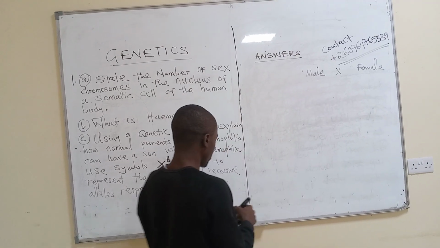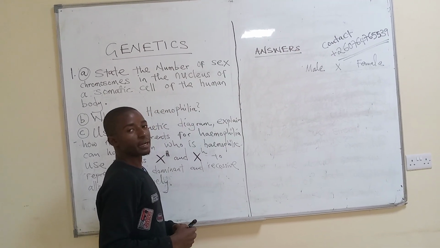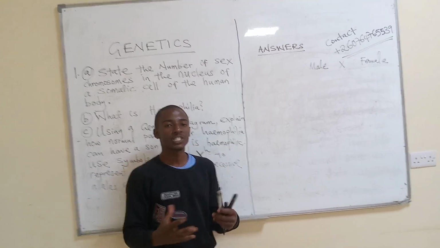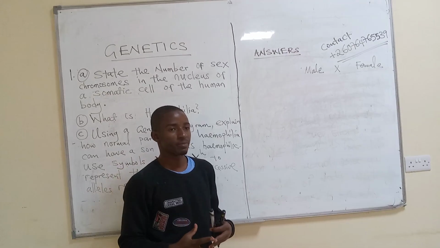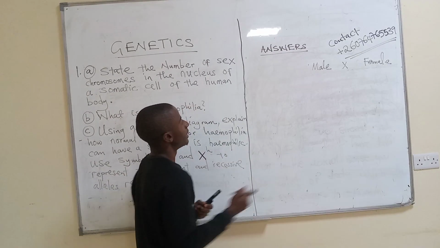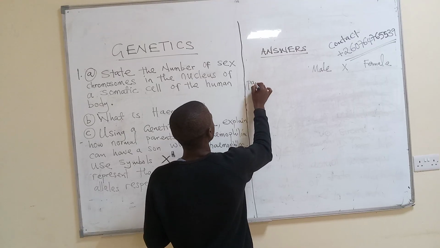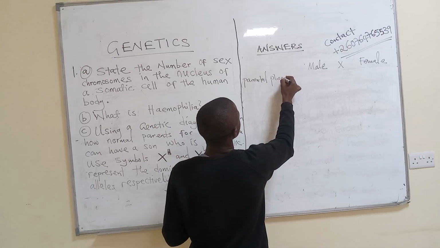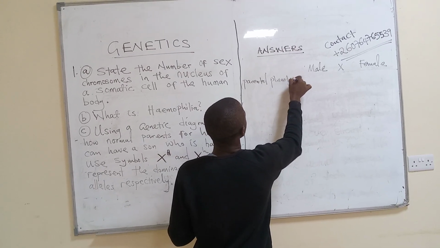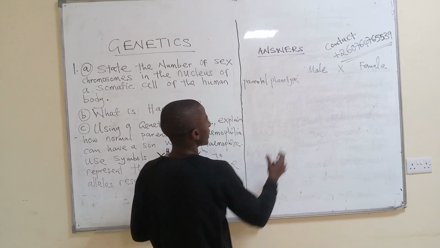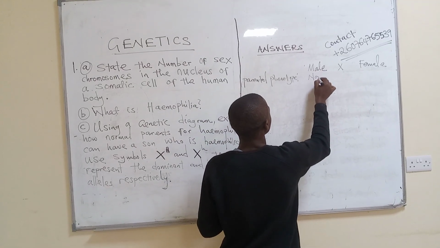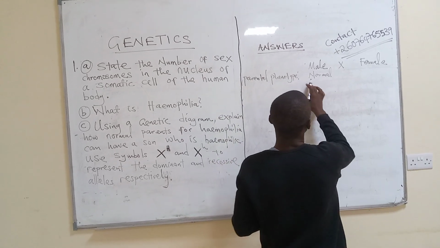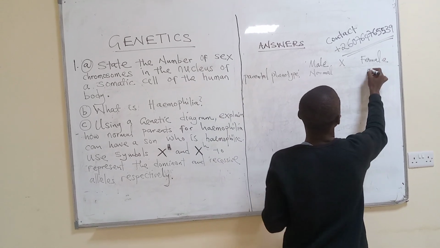First thing that you are going to do, you have to write the parental phenotype. What is a phenotype? That is just the physical expression of an organism, what you are able to see. So the parental phenotype: this male is normal, crossed with a female who was a carrier.